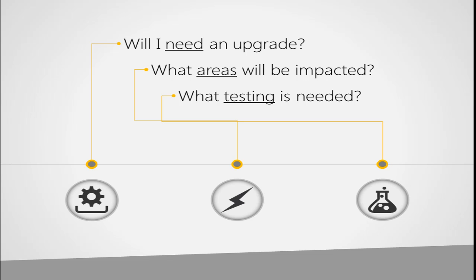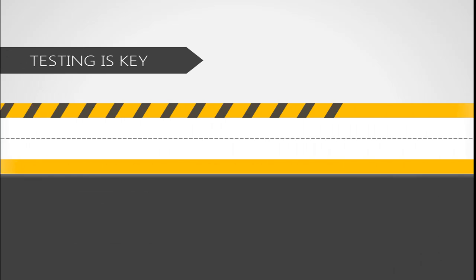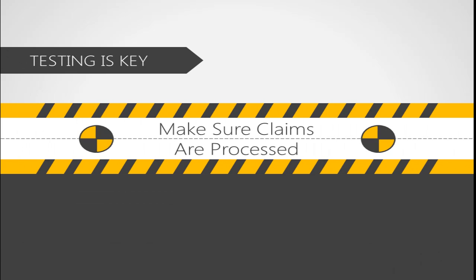And Jason, on the payer side, what advice would you have for practices there as far as what level of communication they need to have to make sure that there aren't any major hiccups as far as the reimbursement? Well, as far as payers are concerned, I would say the first thing to do would be to get the testing done, make sure that claims are going through, they're being processed, the proper ICD-10 codes are there in order for the claims to be paid.